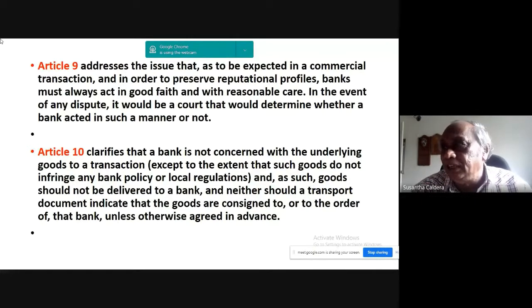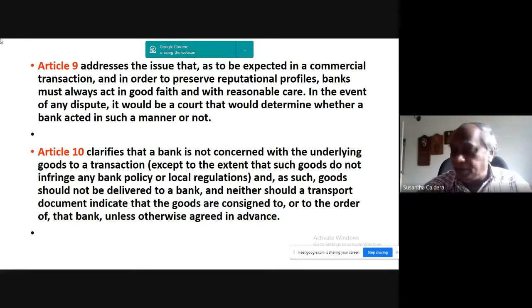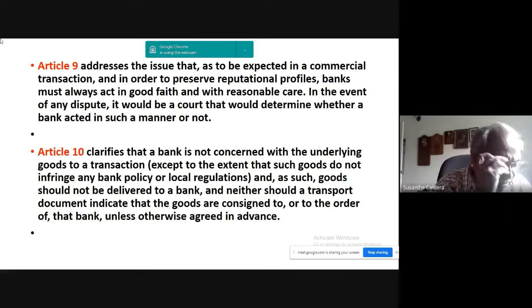Another thing, you have to read the article between the lines. Banks have no obligation.